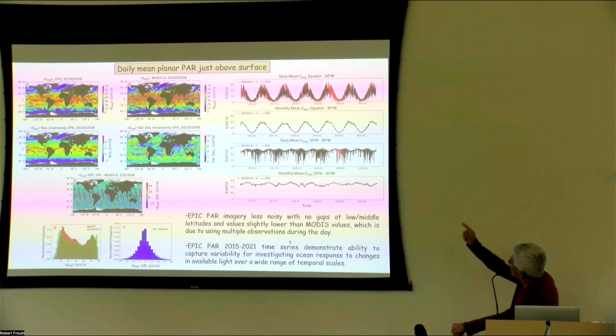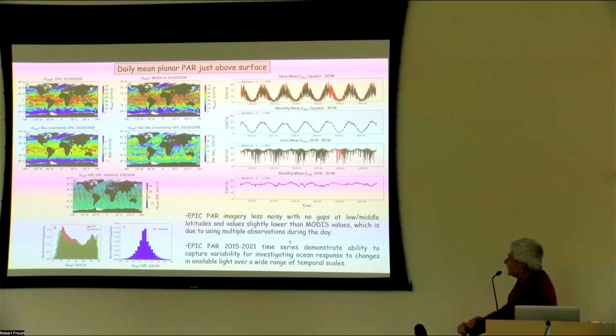Yeah, I think I made a mistake here. It's probably reversed. On the top, it's not the equator, that's 50 north, and at the bottom, it's the equator. And at 50 north, the seasonal variability dominates, while at the equator, you can see that the variability is dominated by small temporal scales.